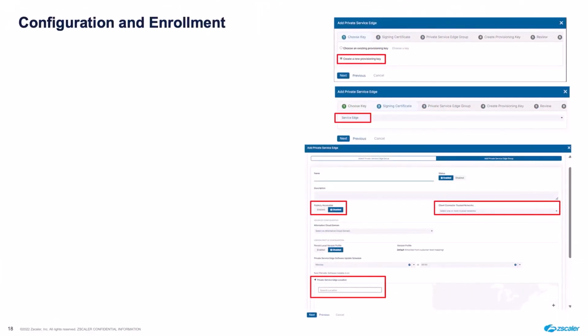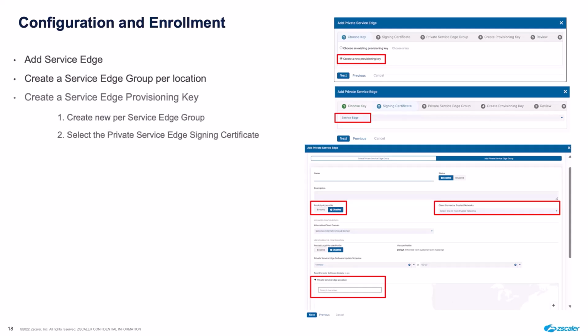We'll go into the Private Access Administration portal under the Service Edge tab, and we'll click Add Service Edge. We'll create a Service Edge group per location, and that means generating a Service Edge provisioning key for that group. And then under the Service Edge group, we'll select the Private Service Edge signing certificate that exists under the enrollment certificates. If we're going to make this Private Service Edge available over the internet, we need to select Enable for publicly accessible.